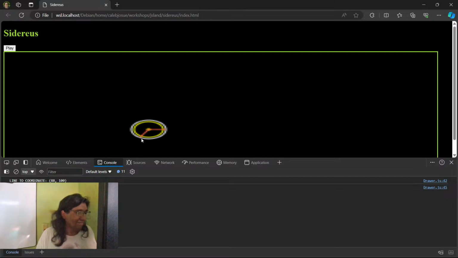Okay, it is over here, but it seems like the rotation is happening in this way, or this is not a 90-degree angle.